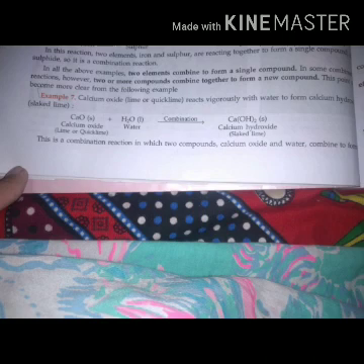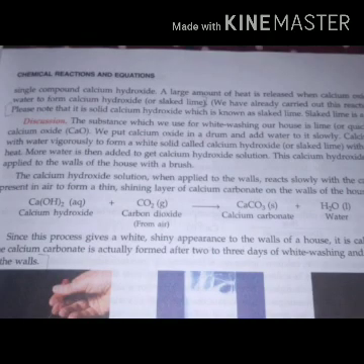Students, when we whitewash our house, what we do is we take calcium oxide in a drum and add water to it very slowly. We keep adding water slowly, and after some time this calcium oxide will react with water vigorously.